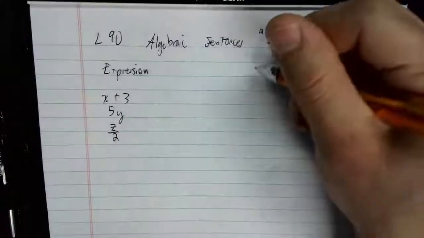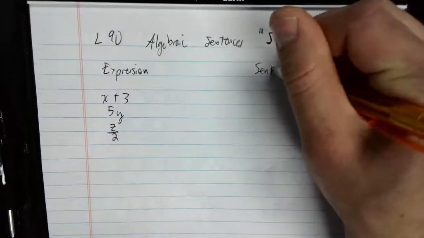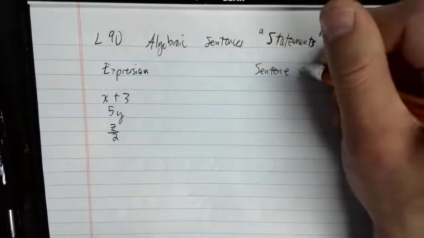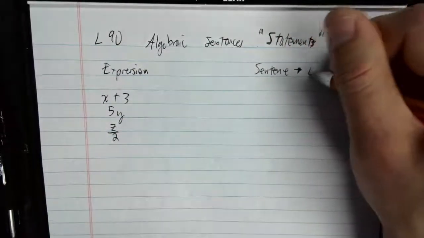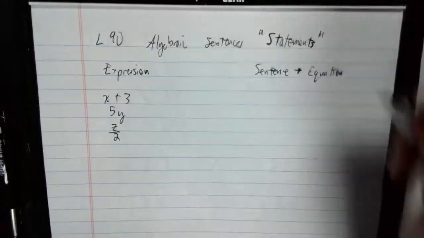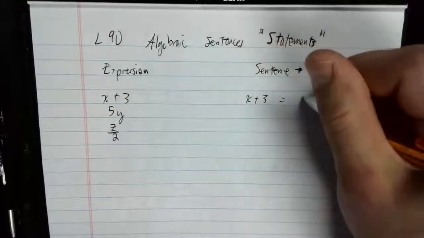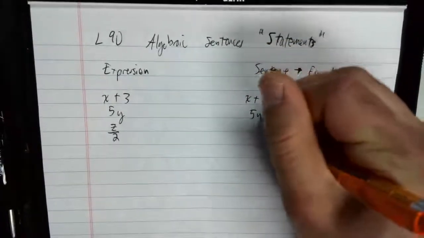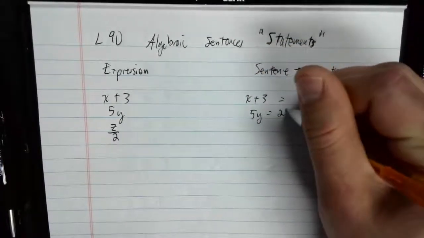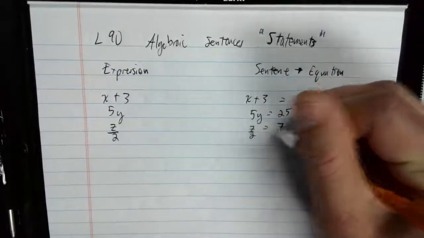But where we make the jump to a sentence is where we call it an equation. The only difference is that it has an equal sign and something is equal to it. So we can say x plus 3 equals 11, 5 times y equals 25, z divided by 2 equals 7.